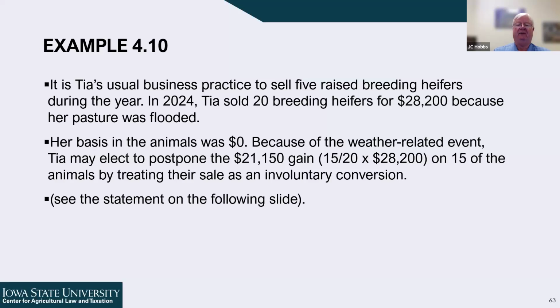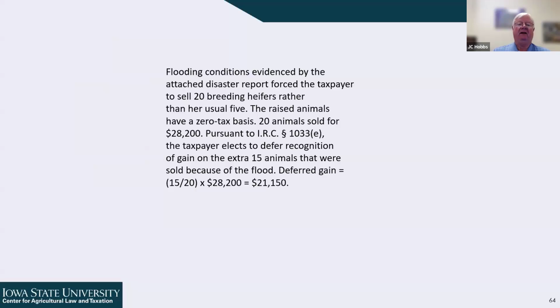She had to sell 15 more. So the 15 more are treated as the involuntary conversion. The statement that's included in the return is here. It's the flooding conditions, tells about the need to sell 20 additional cattle, and that they have a 0 tax basis. And then we're making the decision to buy them back.